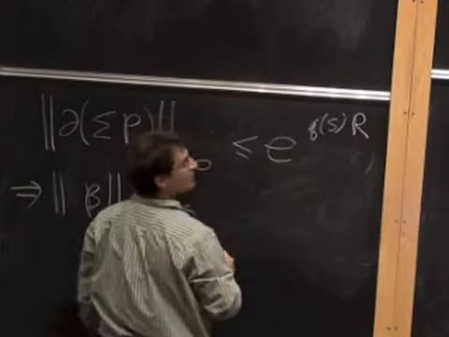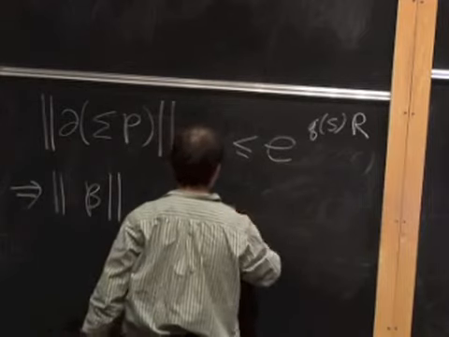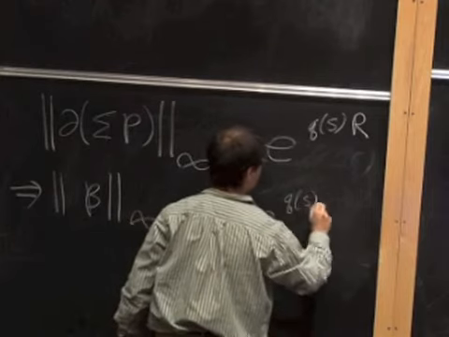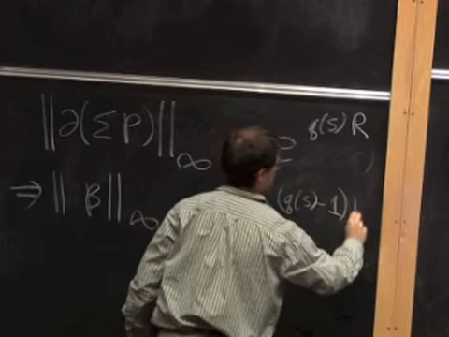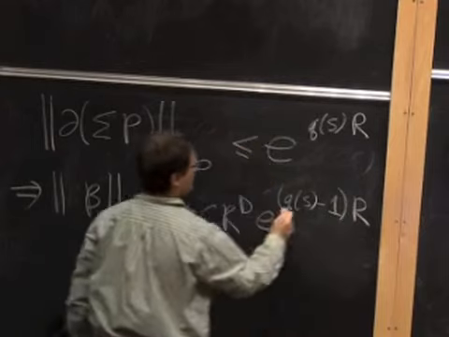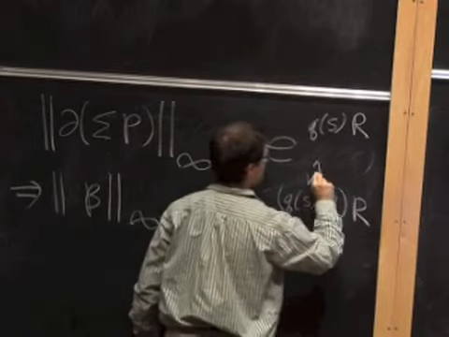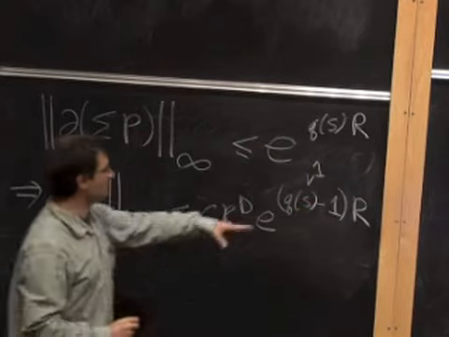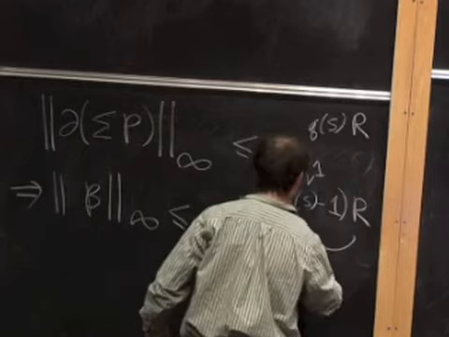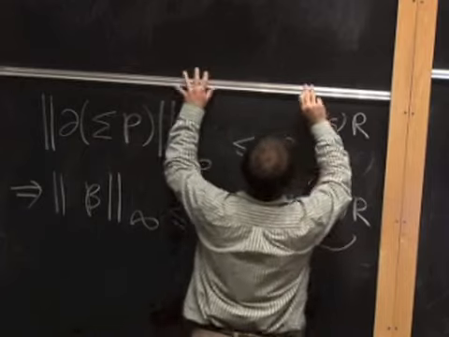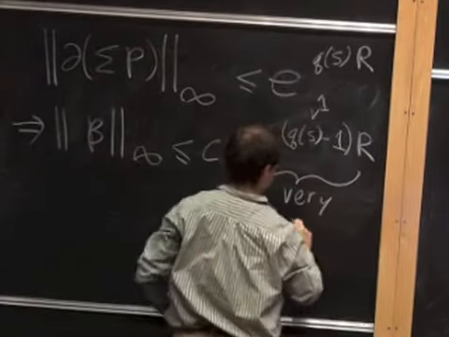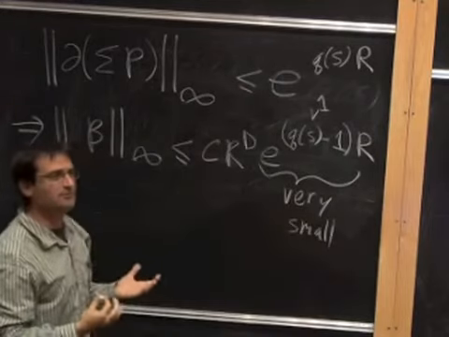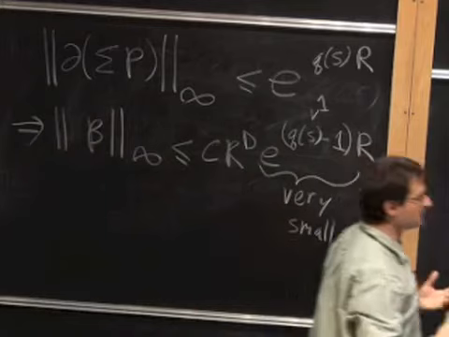So it's of the order of a constant, r to a constant, times e to the q of s minus 1 times r. And here, q of s is less than 1. So this is very small. So if we can find this correction function, then we're finished.